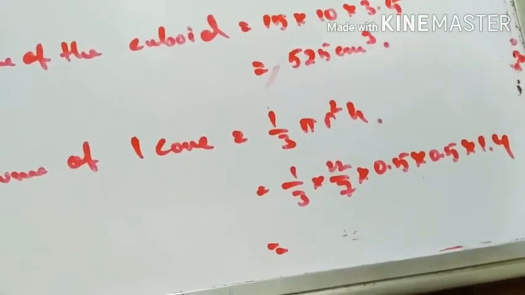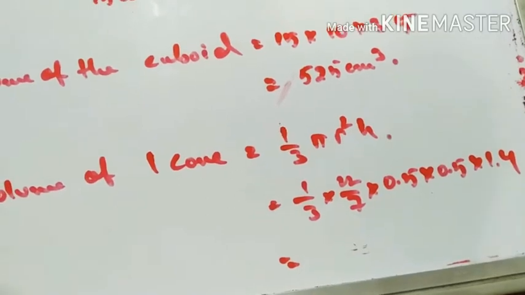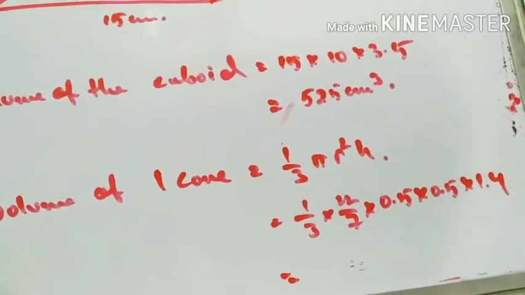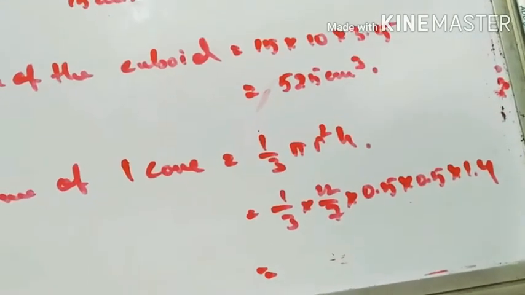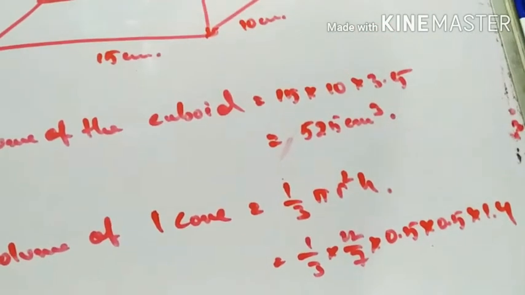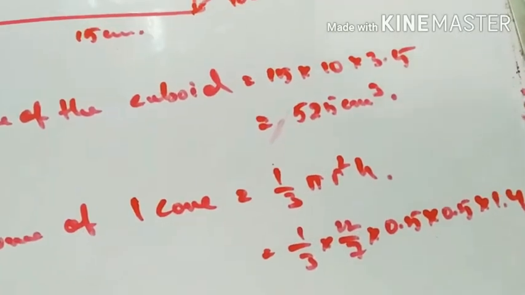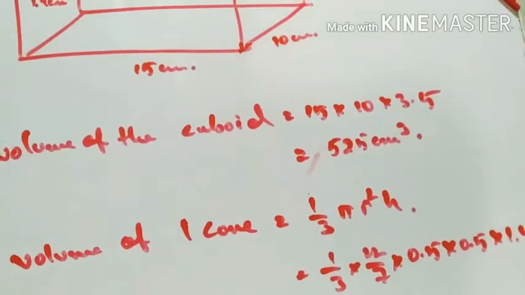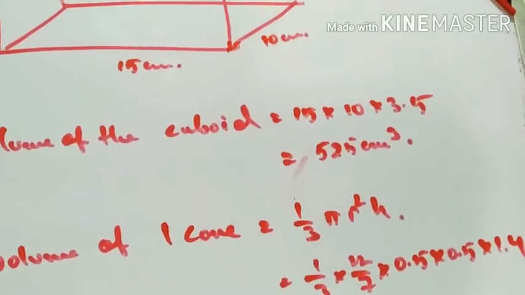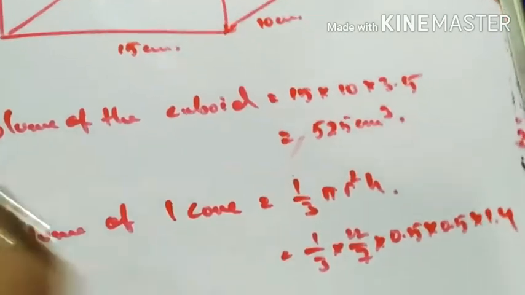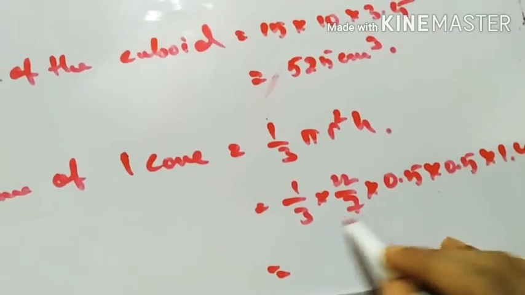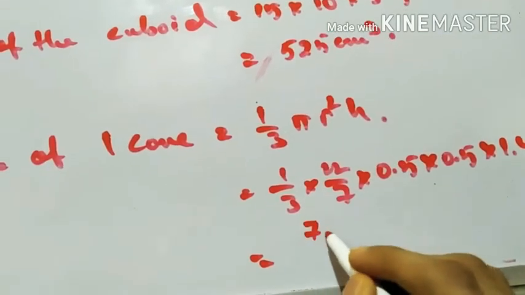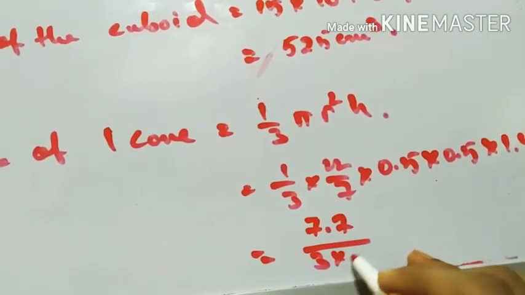If I solve it, 22 into 0.5 into 0.5 into 1.4, I will get 7.7, divided by 3 into 7.